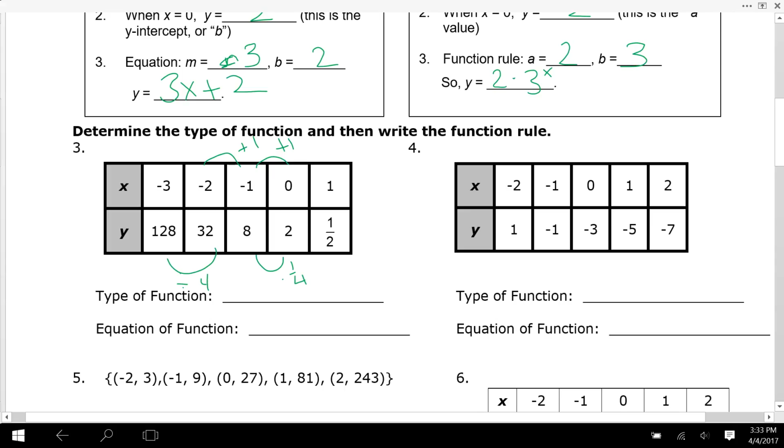And since we're usually using multiplying, we're going to do times 1/4 because we're going to end up with a fraction. So it's an exponential. My b is 1/4. My a is 2. So my equation is y equals 2 times 1/4 to the x.